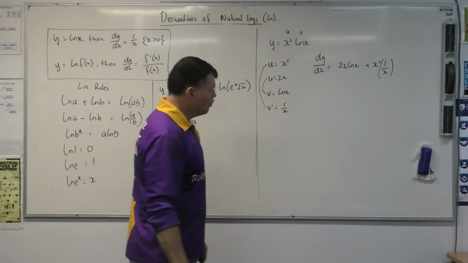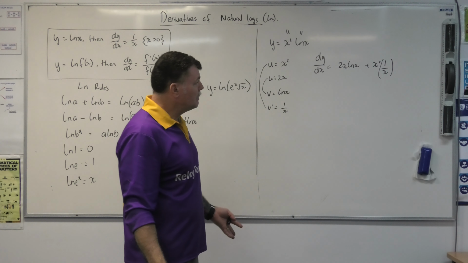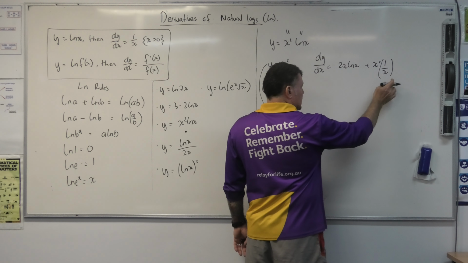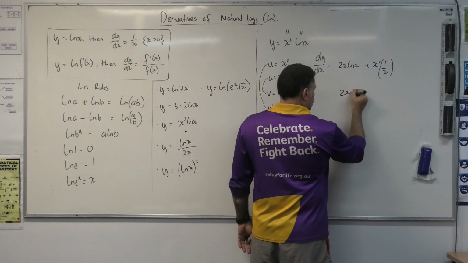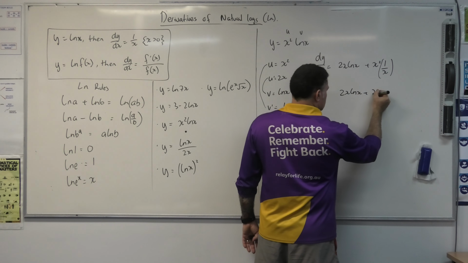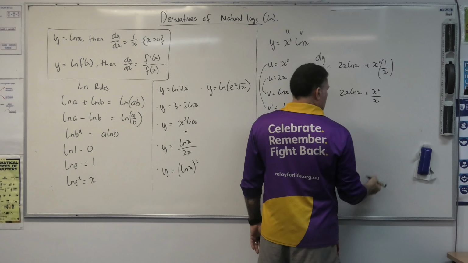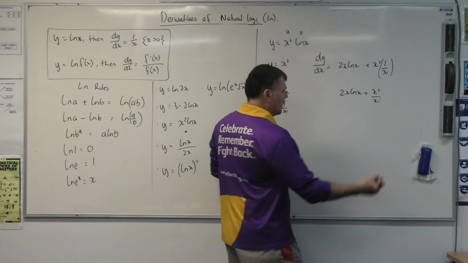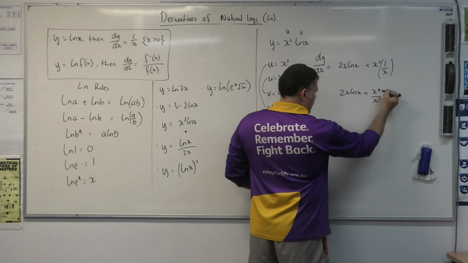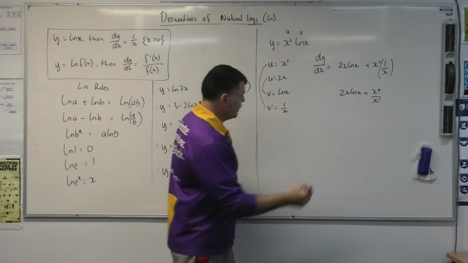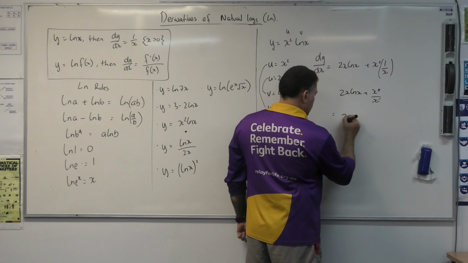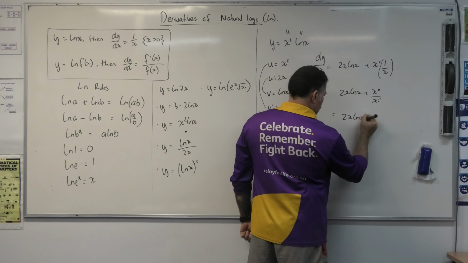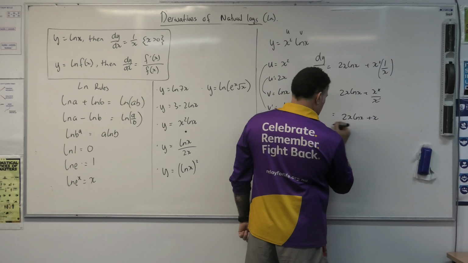Now we can cancel out one of our x's here, because this is exactly the same thing as 2x ln x plus x squared on x. And using our indices rules, I can subtract this away and have that down to x. So therefore our final answer would be 2x ln x plus x.